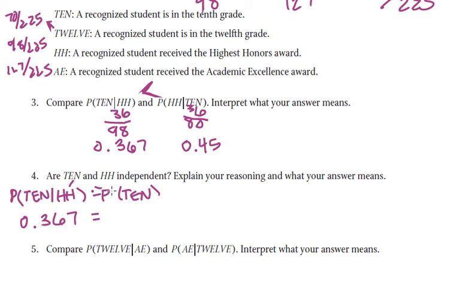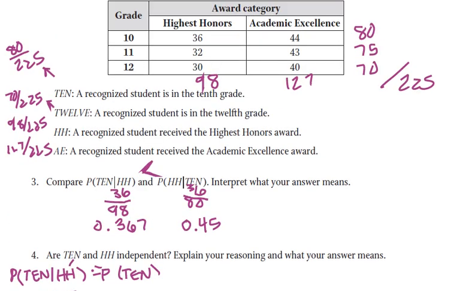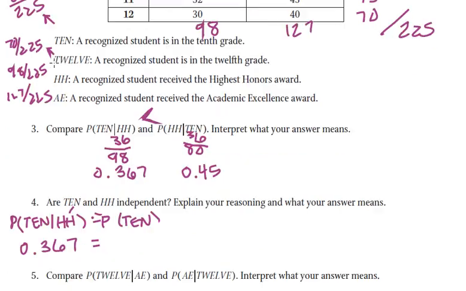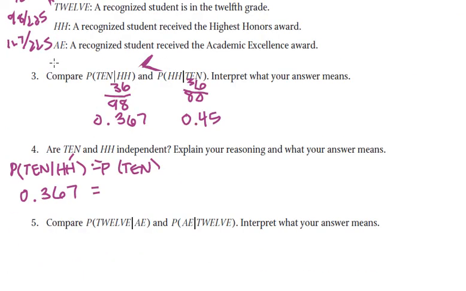And the probability of just being a 10th grader, excuse me, is 80 over 225. So 80 over 225 is equal to 0.357.